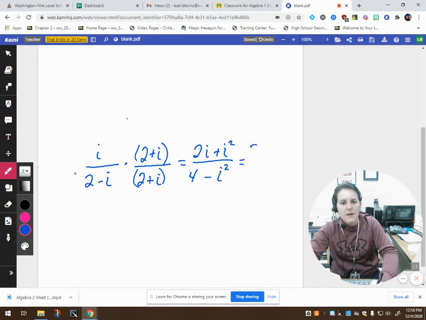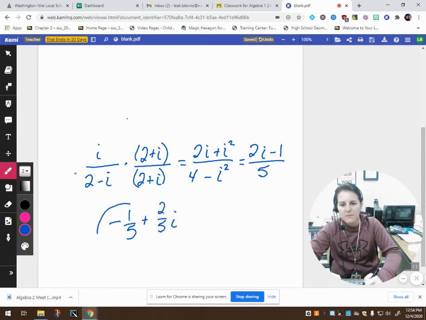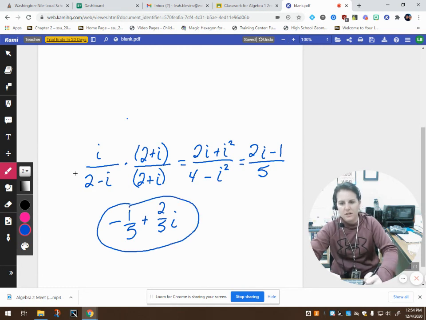So on top, I have 2i minus 1. On bottom, I have 4 minus a negative 1, which is 4 plus 1, which is 5. So again, I like to change the order. Real first, imaginary second. So this is my complex number answer: negative 1/5 plus 2/5 i.